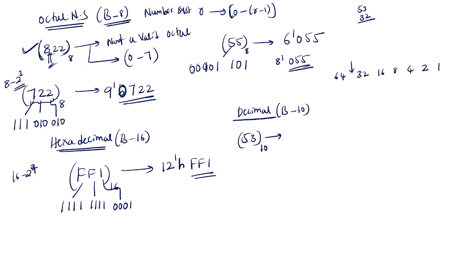The number lies between 64 and 32, so how many bits will it take? 1, 2, 3, 4, 5, 6. So I can write 6'd53. Like this we will represent.